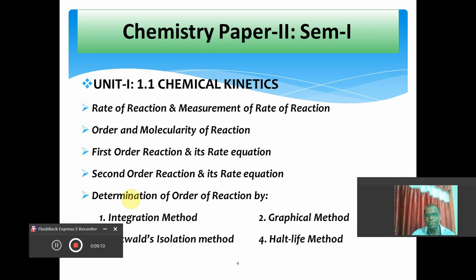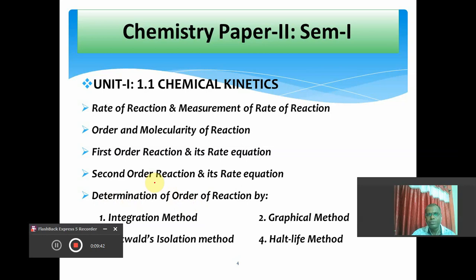Unit 1 is based upon physical chemistry, unit 2 is based upon inorganic chemistry, and unit 3 will be based upon organic chemistry. You might be unaware of this, but these are the 3 sub-subjects in the chemistry subject: physical chemistry, inorganic chemistry, organic chemistry. And we are going to study the 3 units in each paper of the chemistry subject as unit 1, unit 2 and unit 3.